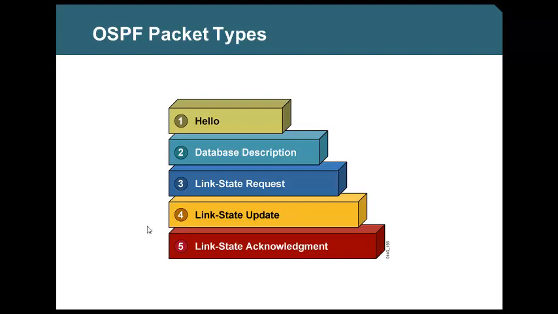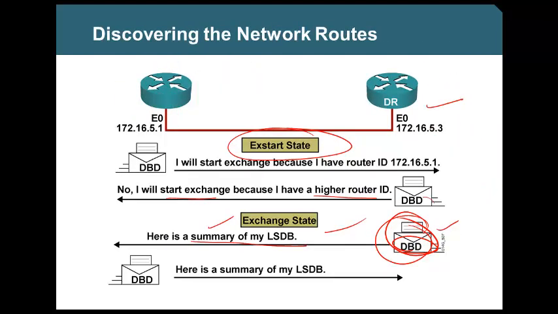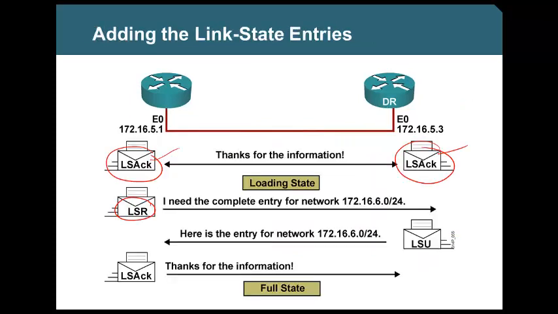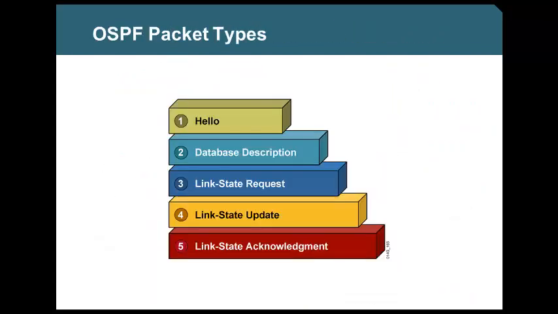And now, type 5 is acknowledgement, my friend. After DBD, after 2 is 5. What is sent here in the exchange state?